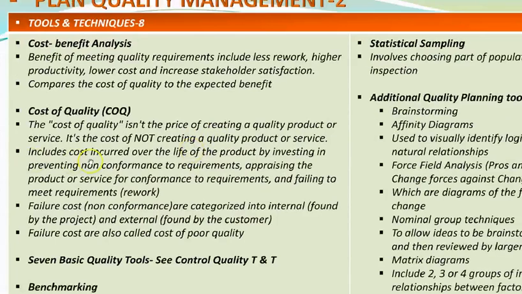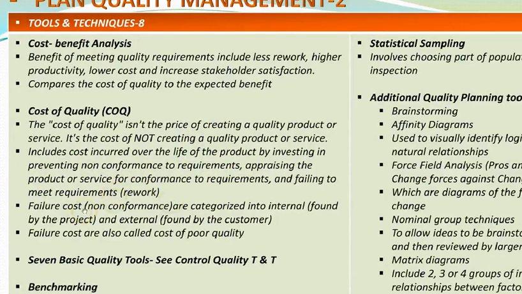It includes cost incurred over the life of the project by investing in preventing non-conformance to requirements, appraising the product or service for conformance to requirements, and failing to meet requirements, which result in rework.